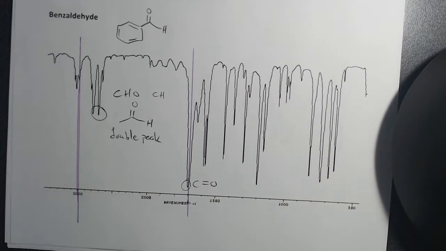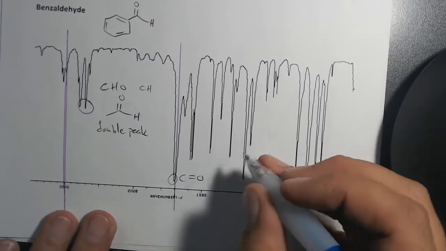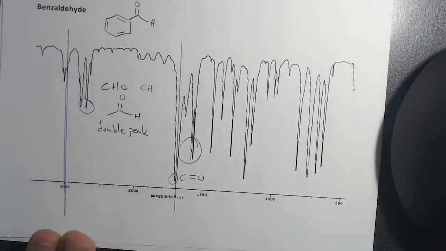The reason why I like drawing the line at 3000, or sorry, at 1700, is because if you have a signal that is the most intense in the spectra at 1700, that is a carbonyl stretch. It's typically the most intense peak in the spectrum, most of the time. I don't want to say all the time, because I'm sure I can find an example where it's not the biggest one there, but it usually is. What do you guys think this stuff is right there?